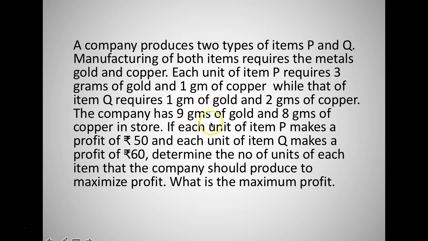The company has 9 grams of gold and 8 grams of copper in store. If each unit of item P makes a profit of rupees 50 and each unit of item Q makes a profit of rupees 60, determine the number of units of each item that the company should produce to maximize profit. What is the maximum profit?